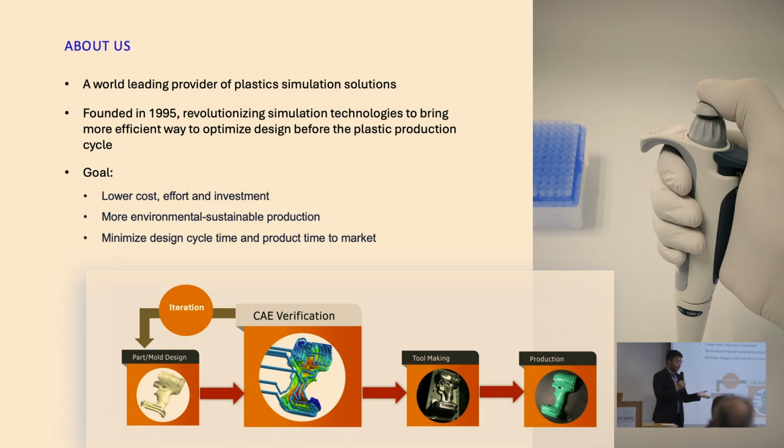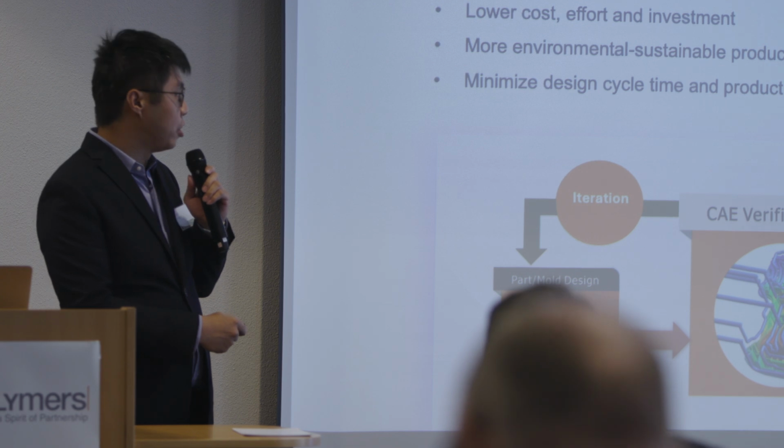That means you are saving the mold modification cost and also the waste generated by tool modification. You simply run the simulation, and electricity is relatively more sustainable than modifying the tool. So we can use this to help our users reduce waste.